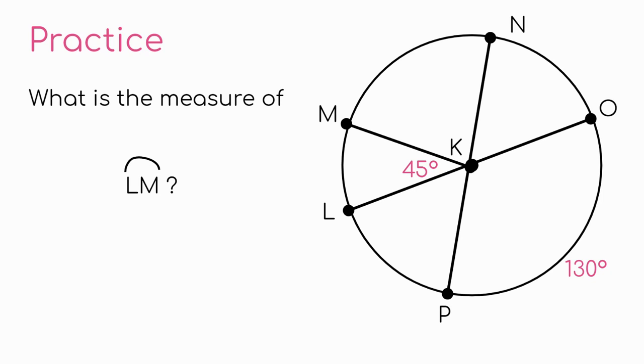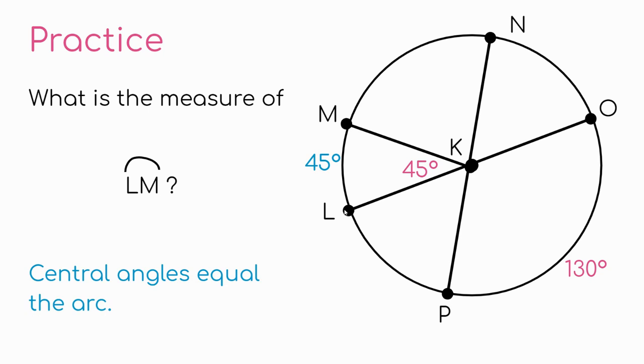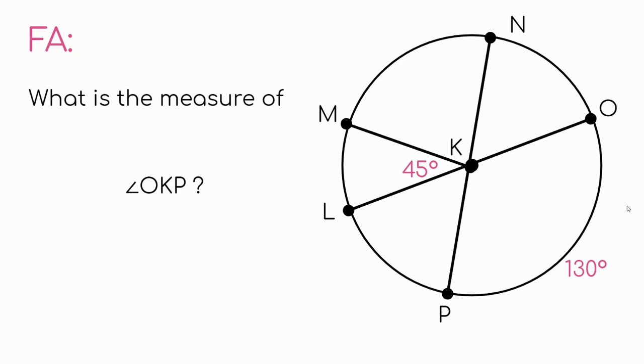Okay, so take a second, think about this. What is the measure of arc LM? So that's this arc right here. Hopefully you said 45. Central angles are equal to the arc, right? This angle right here makes arc LM. So if this is 45, the arc is 45. So here's another one.